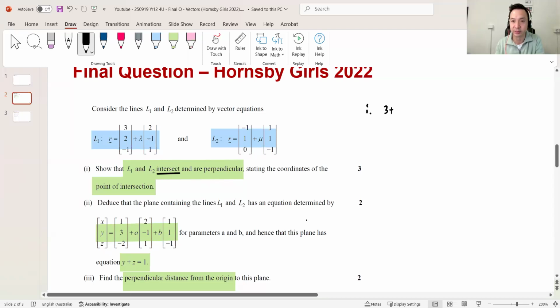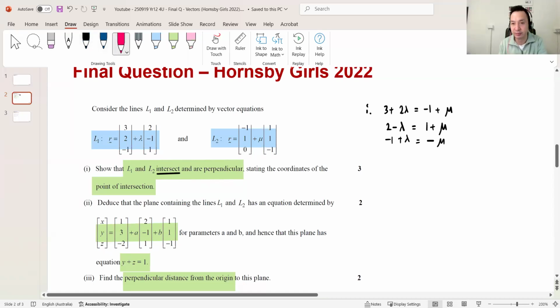So equation number 1: 2 plus 2 lambda equals -1 plus mu. Equation 2: 2 minus lambda equals 1 plus mu. Equation 3: -1 plus lambda equals negative mu. I'm going to solve that simultaneously and show that there is a point of intersection.